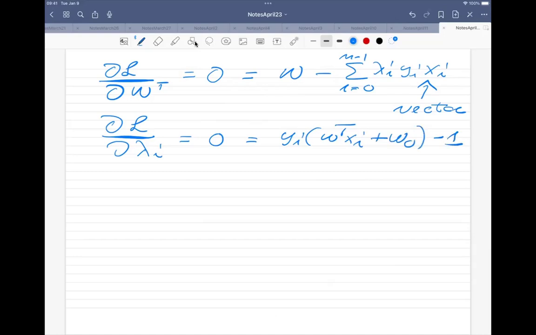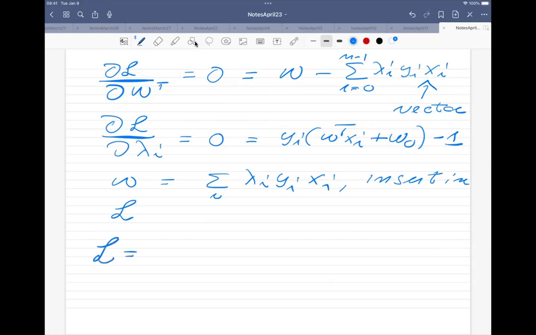So what we see now is that from this equation, w is equal to a sum over i of lambda of i, y of i, x of i. So I can insert this back in the equation, insert in L again, and then I can rewrite my L, since I've used one of these equations to simplify. And you see now that when I insert this one, I will get an expression which runs like this.